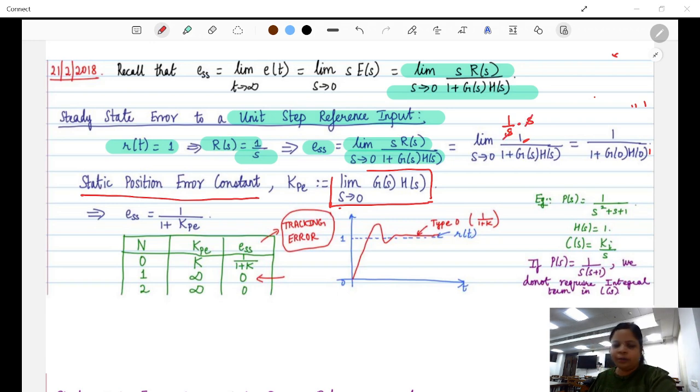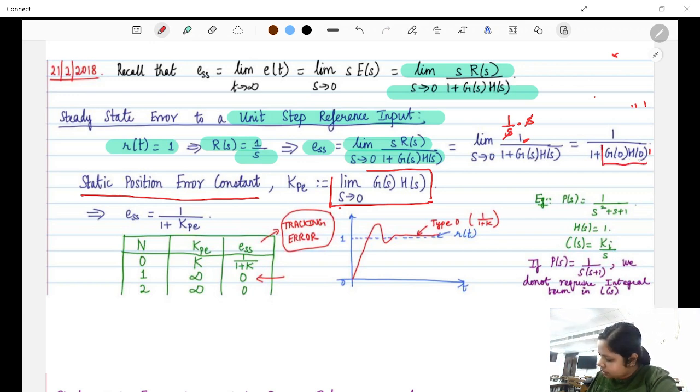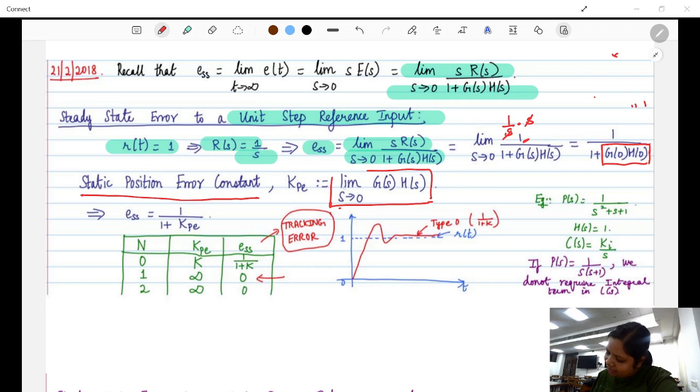Both of them cancelled out and you got 1 here. Alright. Then you can write 1 upon 1 plus G(0)H(0) when you put s equal to 0. So this whole term is called Kp. So Kp is limit s tends to 0 of G(s)H(s). Alright, so this is the way you write this.